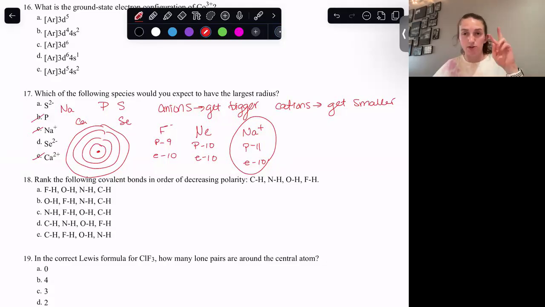But then as we look between sulfur and selenium, we know that these two are both 2 minus. They're both bigger than the original atom they started with if they were not an anion. But selenium is going to have one extra energy level in comparison to sulfur. So since we have the extra energy level, we get a little bit bigger in terms of our atom. And so selenium is going to be our largest atom.